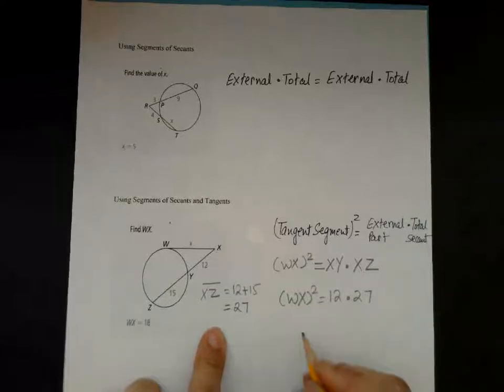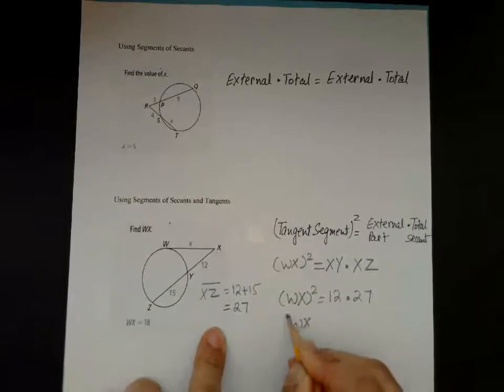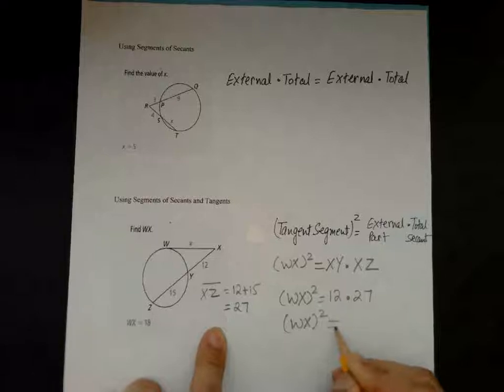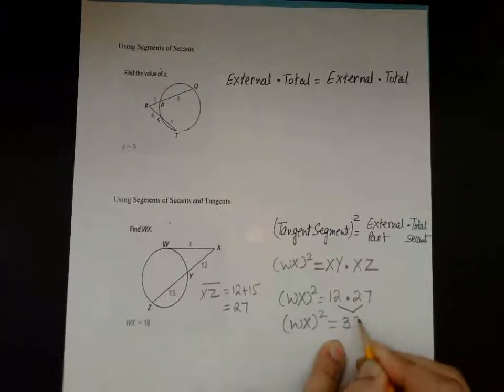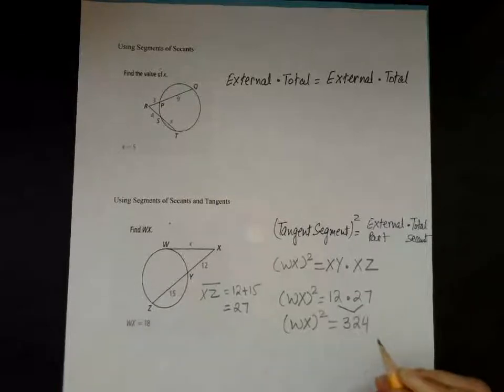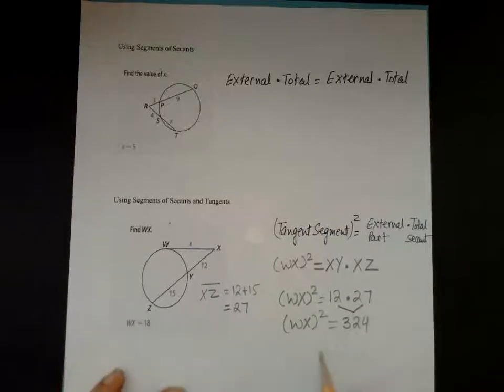If you plug it in your calculator, you will get WX squared is equal to 12 times 27, which is nothing but 324. Now I need to get rid of square. Take radical both sides.